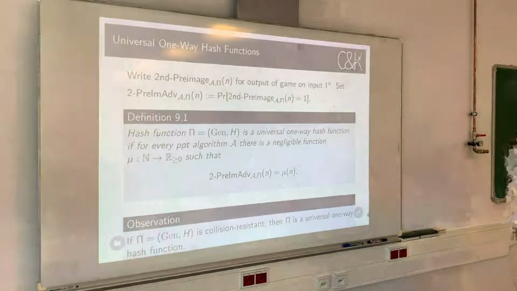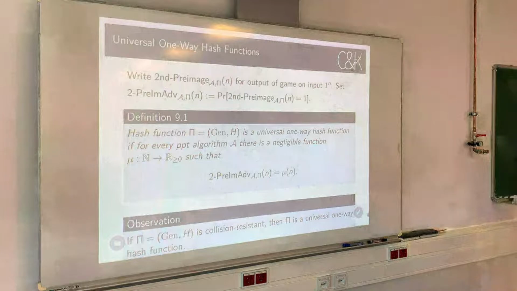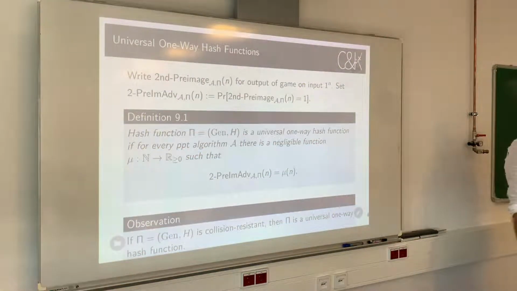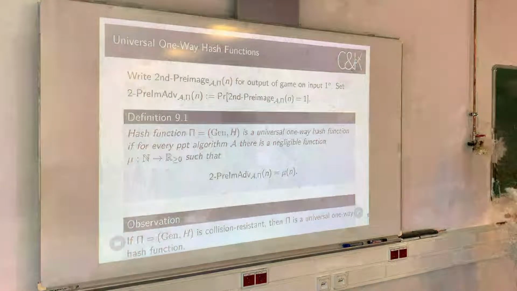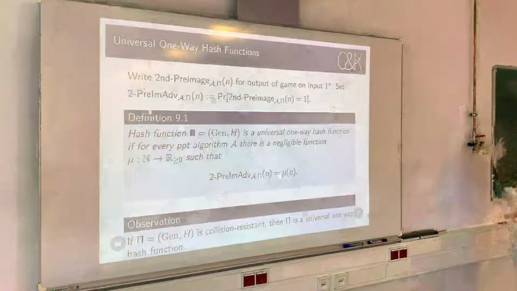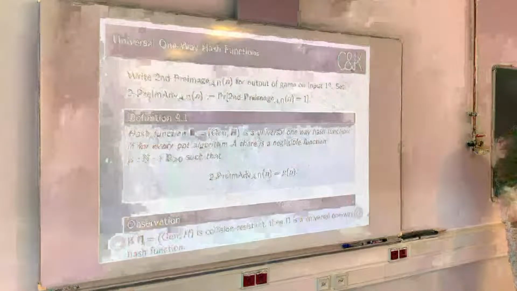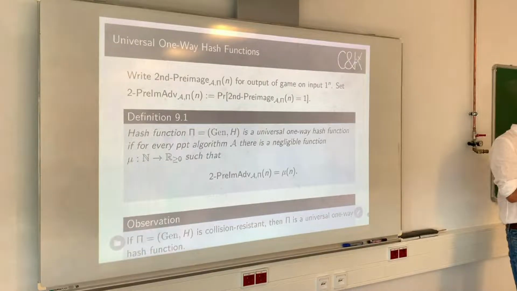But because universal one-wayness is not as strong as collision resistance, if we want to use universal one-way hash functions in hash then sign, we have to use a slightly different construction. They are not quite as powerful, hence we have to modify the construction, be more careful in the hash then sign.